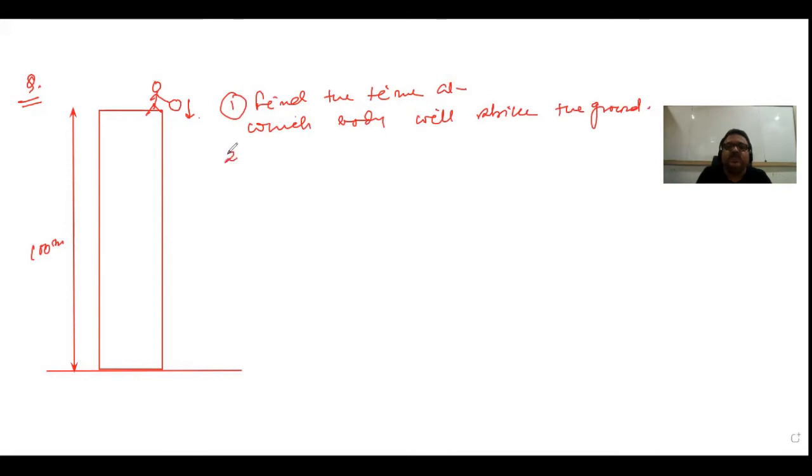Number 2, the velocity with which it will hit the ground.